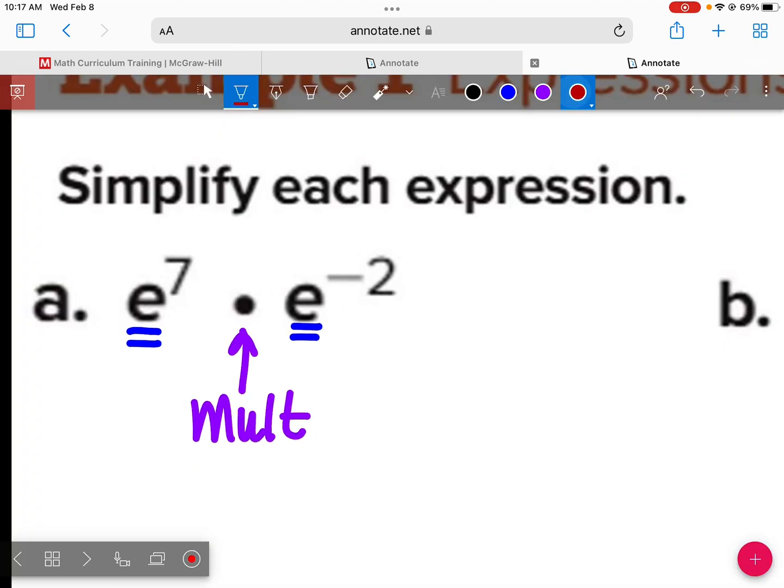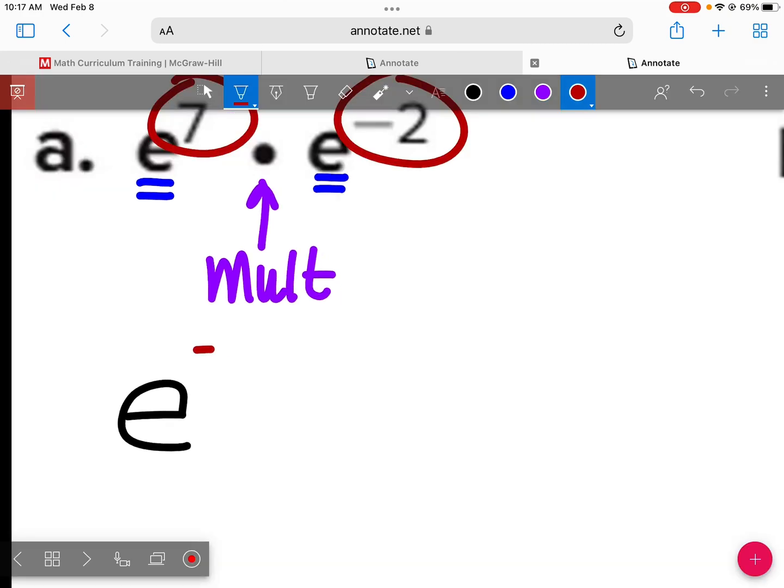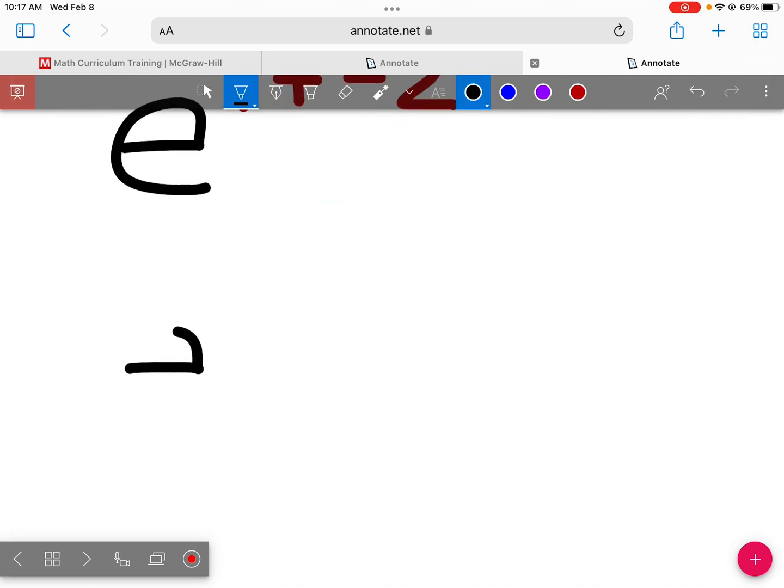So what do I do with these two exponents? Add them. So e to the power of 7 plus negative 2, which would be e to what power? Fifth power, yes.